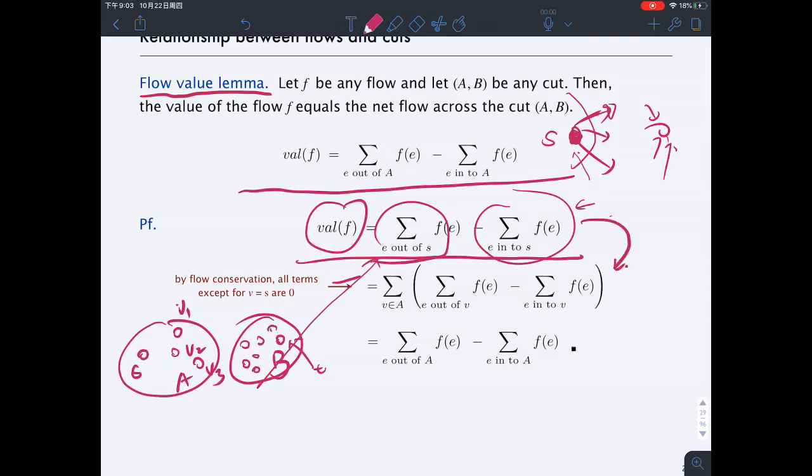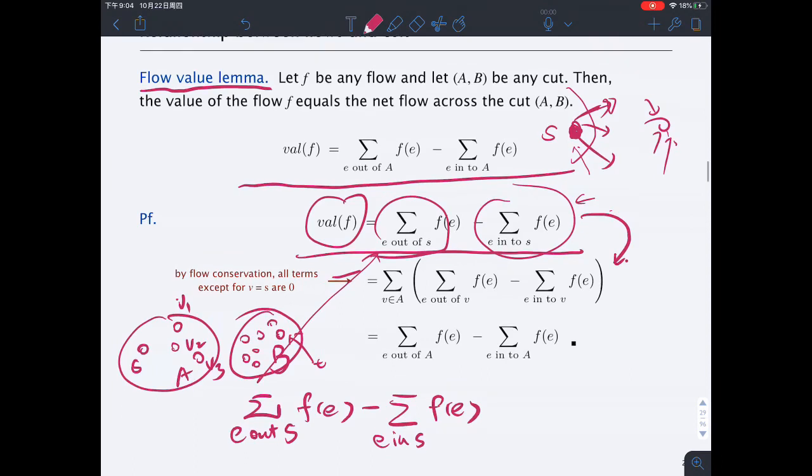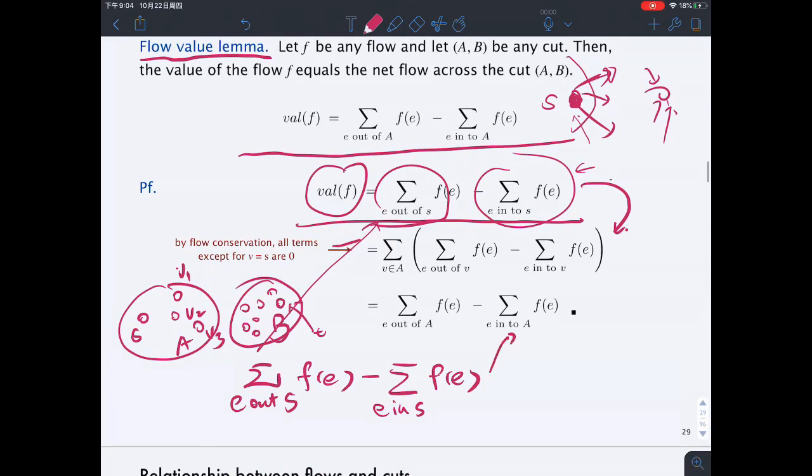So moving from here to here basically says that I can have E out of S, Fe minus E in S, Fe. I can add a lot of dummy useless terms. I can also add E out of V1, Fe, minus E inside V1, Fe.